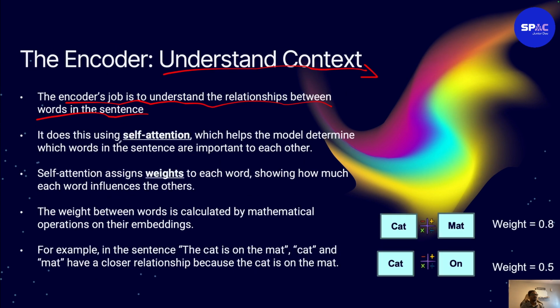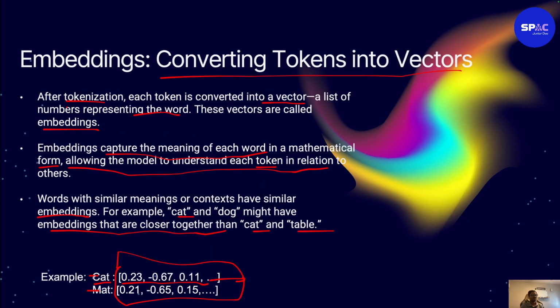It does this using self-attention, which helps the model determine which words in the sentence are important to each other, right? Self-attention assigns a weight to each word, showing how much each word influences one another. So it will assign weight to this and this, and see if they are related to each other. Words that are related will have a higher weight.